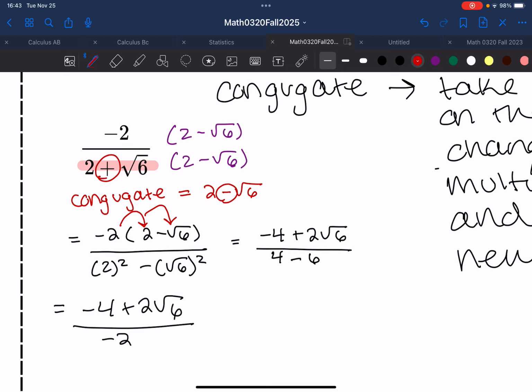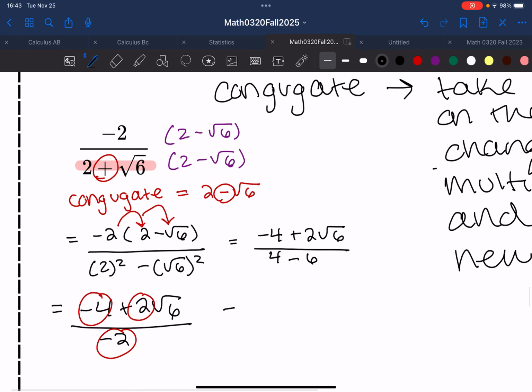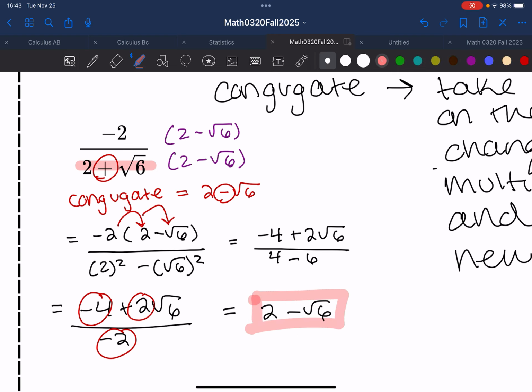And I can take all of these numbers, not including the radical, and I can divide them by negative 2. And I get 2 minus the square root of 6 over 1, which means I don't need to write that part. And so this is my answer, 2 minus the square root of 6.